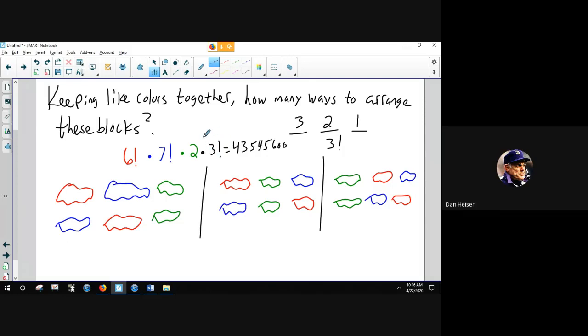Another example of this is, let's say you have various types of CDs. For those of you that still listen to CDs, you have a bunch of CDs at home and you want to keep them in some kind of order. So you put all your classic country in one group, you put all your classic rock in one group, and so on.